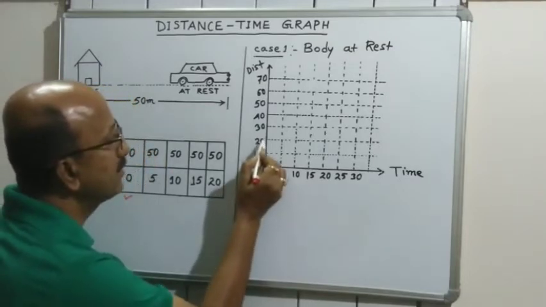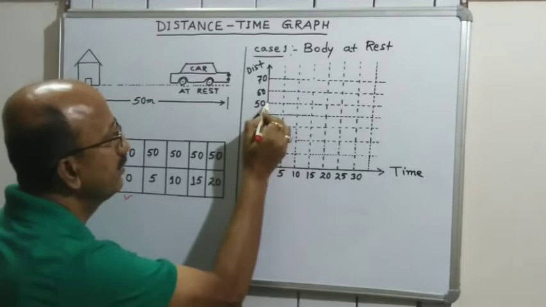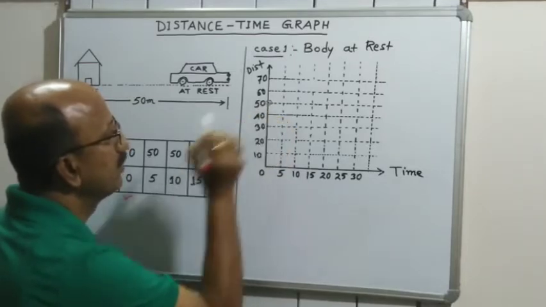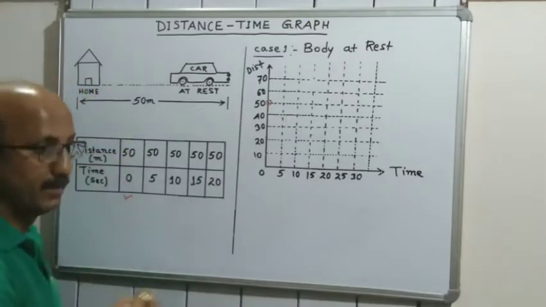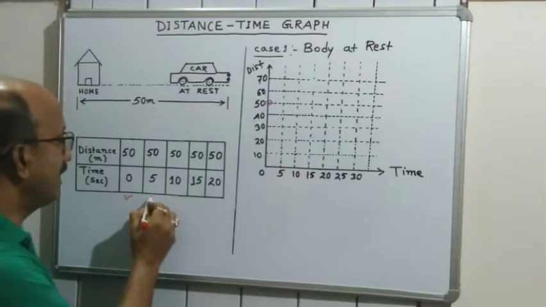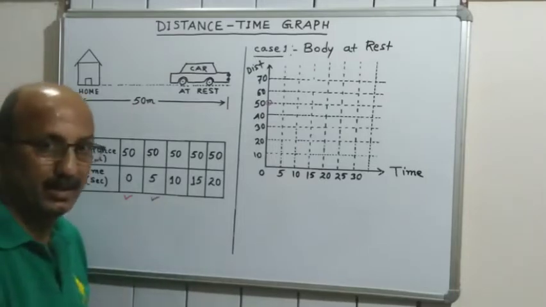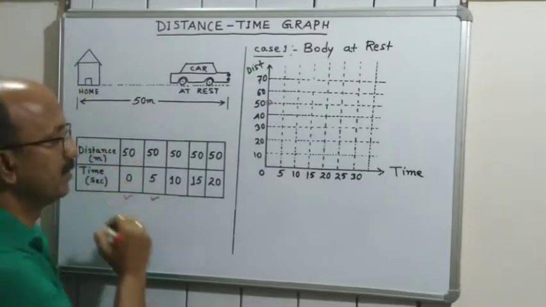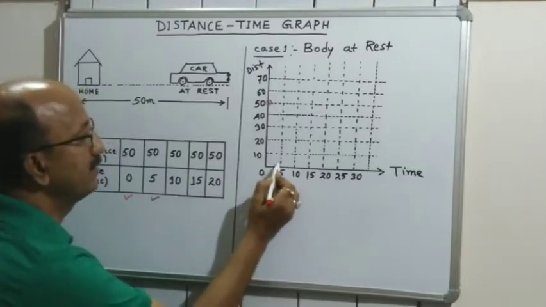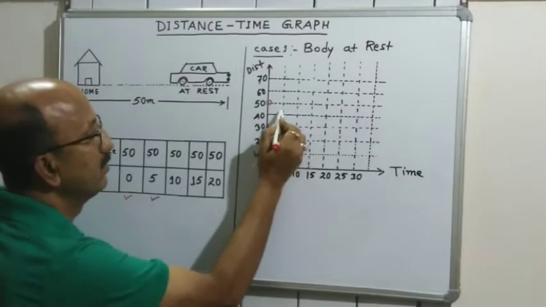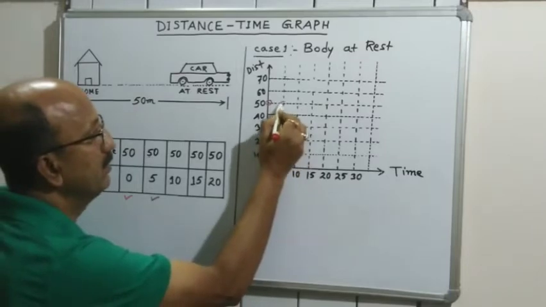So you have to climb up to 50. This is the point. We encircle it. Time 0, distance 50. Next, when the time is 5 seconds, distance is still 50. So here it is 5 seconds and distance is 50. This is the point.